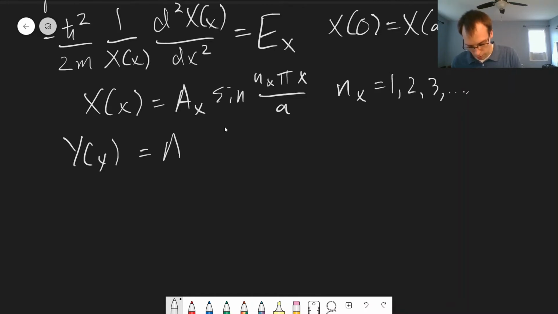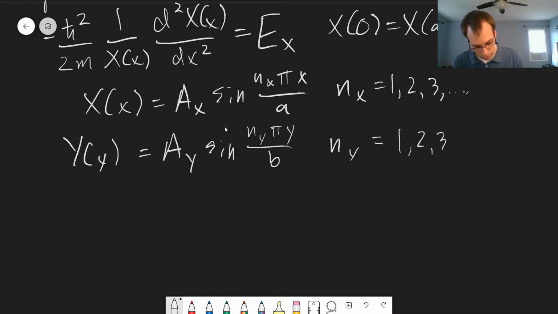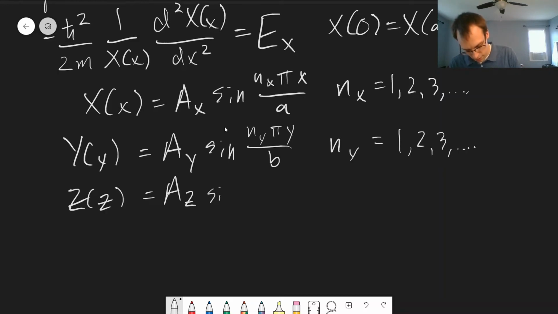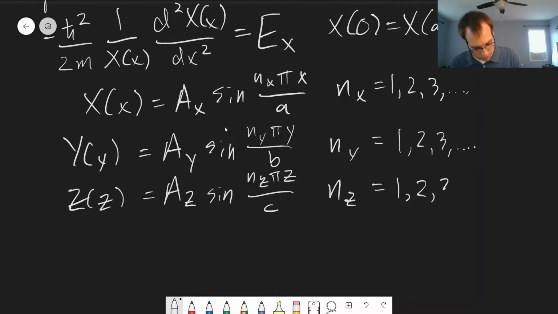We end up with some constant for the y dimension, sine of ny pi y over b. The only thing that changes is which length we're looking at. ny is 1, 2, 3, dot, dot, dot. And same for the z part. Z of z is some z constant, sine of nz pi z over c, where we now have a quantum number for the z dimension as well.